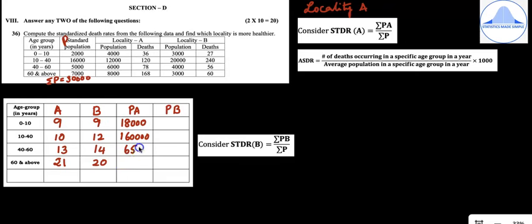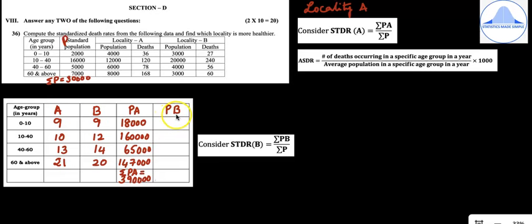Similarly, we have 65,000 and 1,47,000. Next, calculate summation PA, which will be 3,90,000.